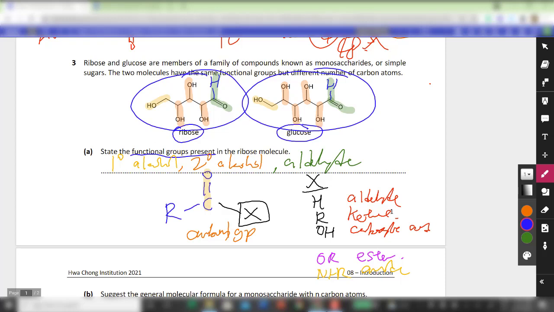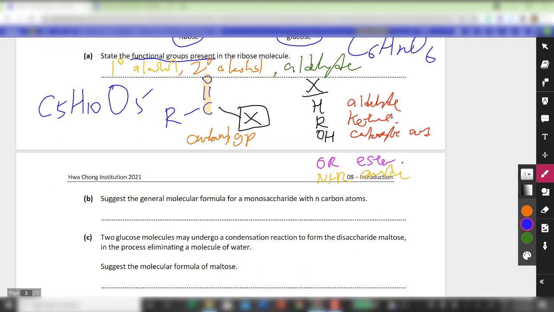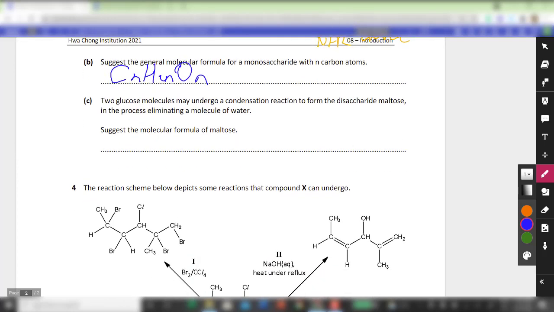For ribose, you have a total of 5 carbons, a total of 10 hydrogens, and 5 O. For glucose, it will be C6H12O6. So for the general formula for a monosaccharide, you would expect it to be CnH2nOn.